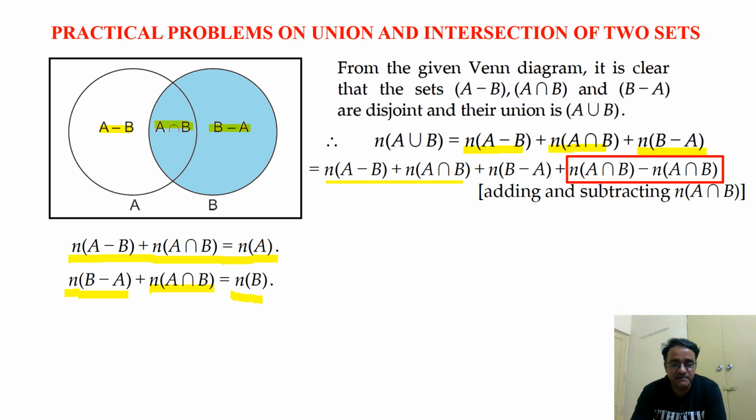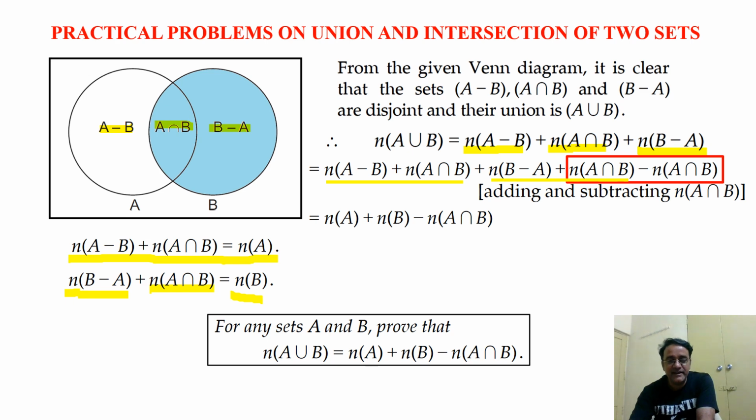This is the first pair, and that is equal to n of A, and this is the second pair, that is also equal to n of B. Now we replace these two by n of A and n of B. So we got the formula n of A union B is equal to n of A plus n of B minus n of A intersection B. This is the formula for any sets A and B, and this is the proof of this formula.